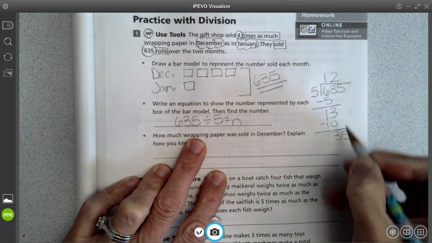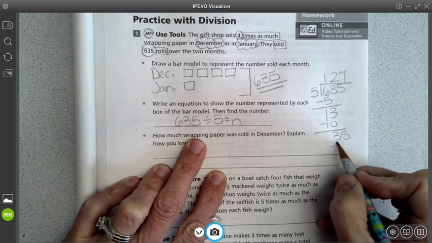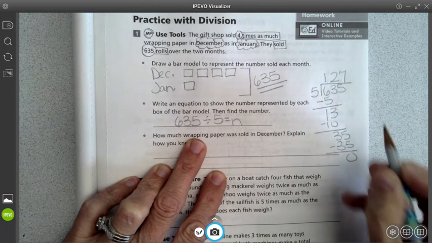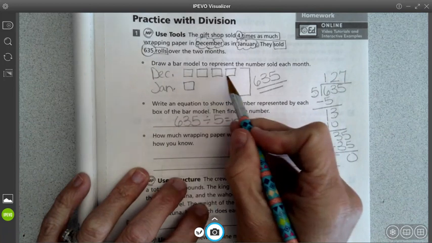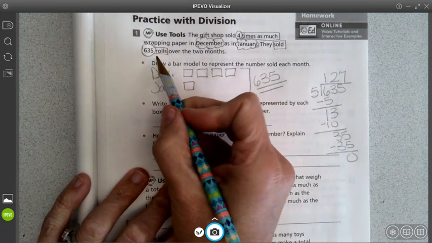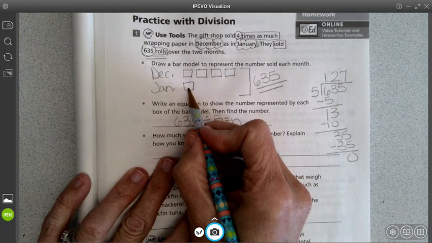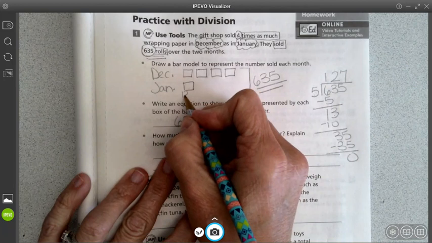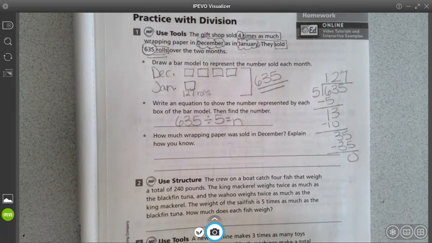Bring down. 5 goes into 35 7 times. We end with 0. 127. Each of the boxes then has a value of 127, and those are the rolls that they were selling. So in January, that box just represents 127 rolls that they sold in January.